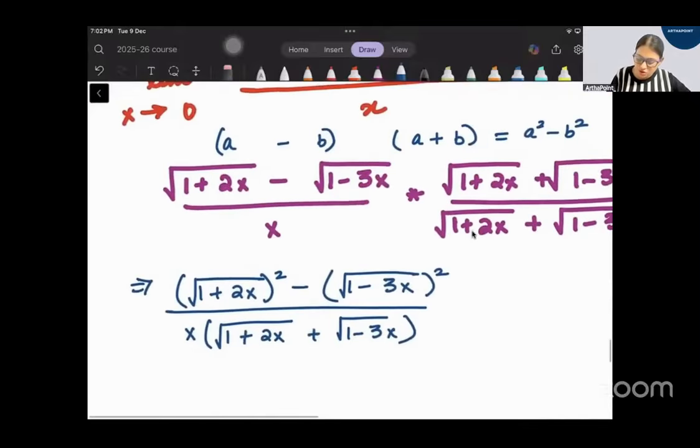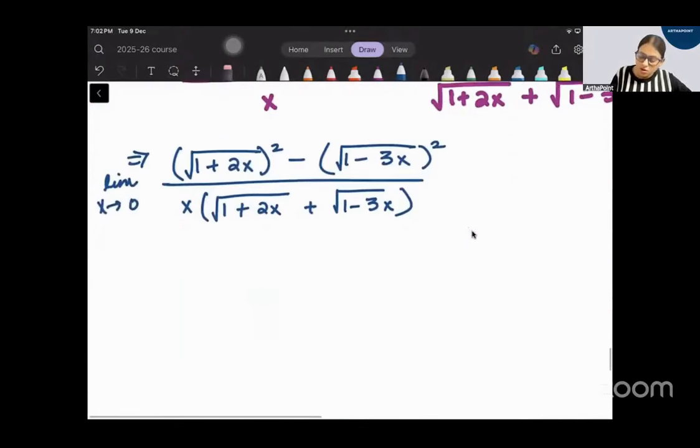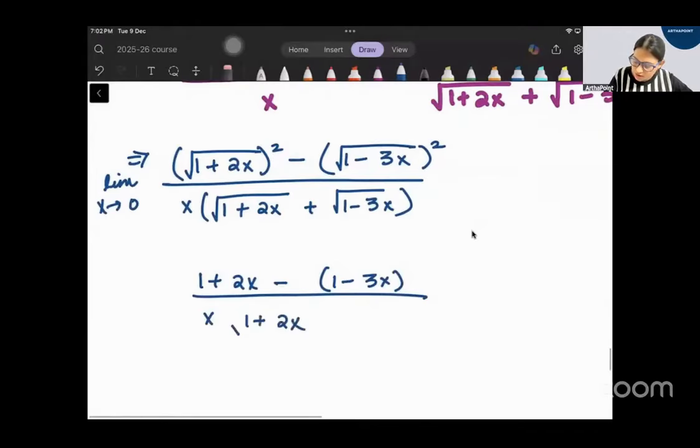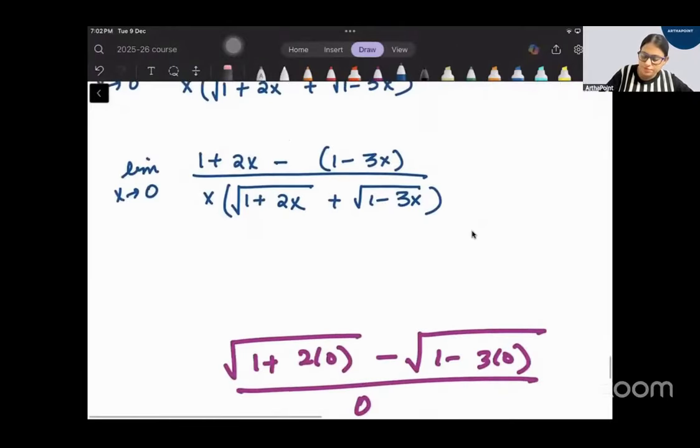And x tends to 0. So I'll get 1 plus 2x minus 1 minus 3x upon x times 1 plus 2x under root plus 1 minus 3x under root, limit x tends to 0.